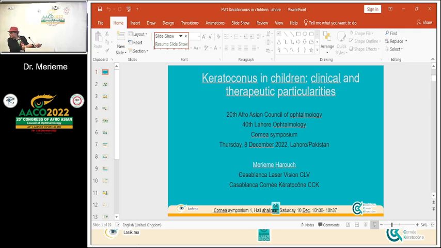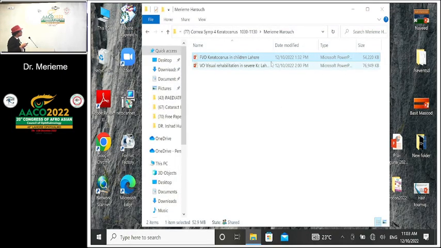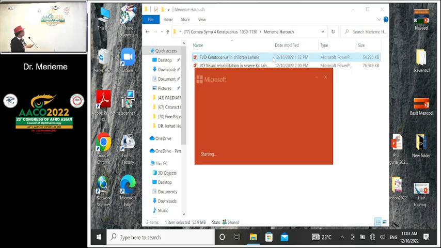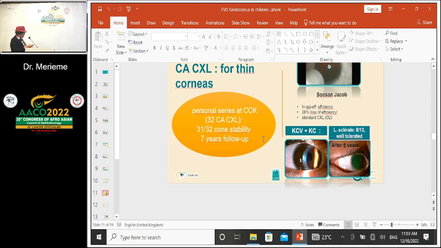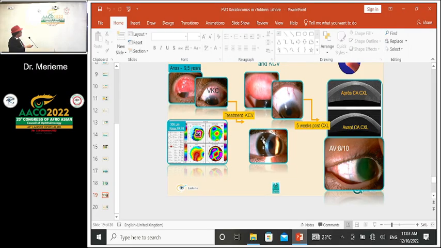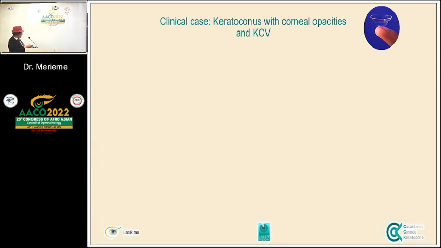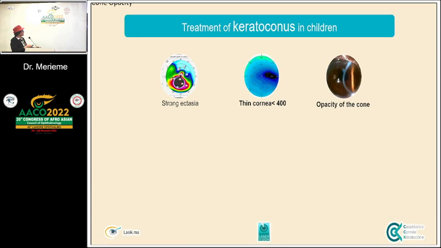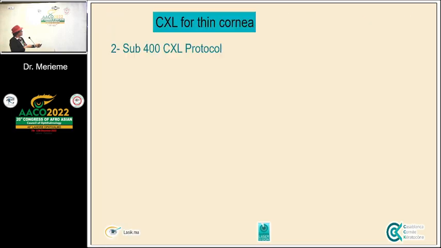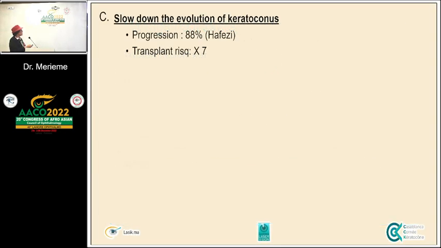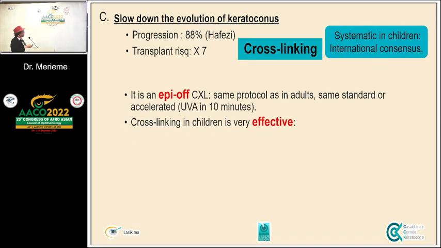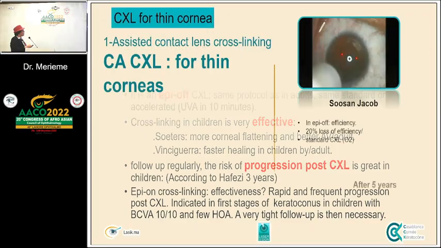Even if we have a thin cornea, we perform cross-linking.